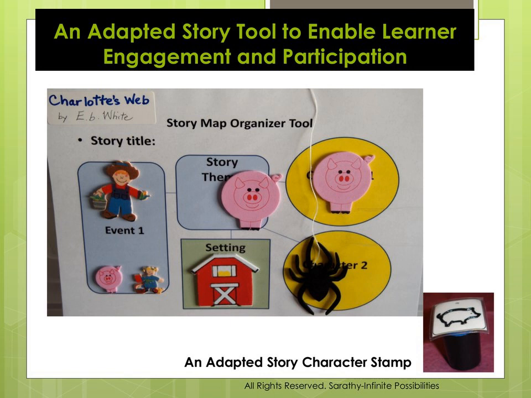He can dip that into an ink pad, and then you can provide the student with a sentence strip, or you can provide the student with a template that says one of the characters in the story of Charlotte's Web is Wilbur the pig. And for the word pig, the student can stamp that, and that way you are reading as you are reading, or you have it programmed into a Big Mac or one of those other devices.